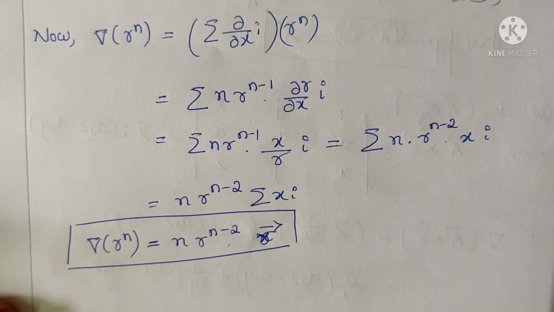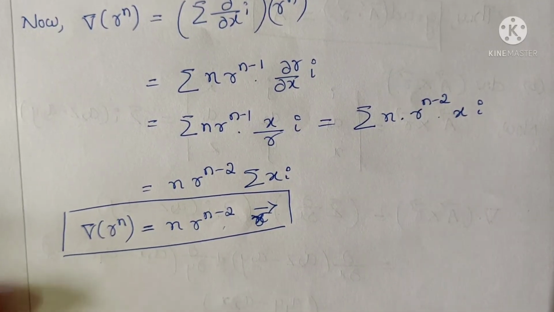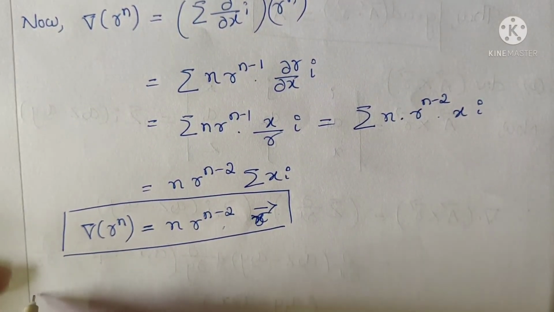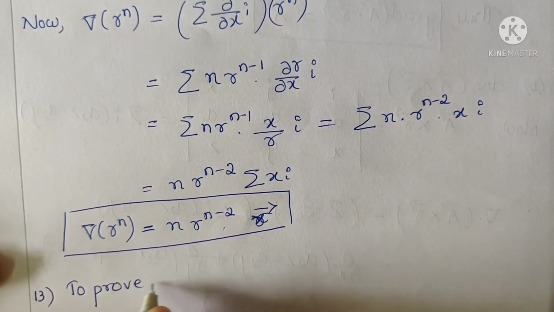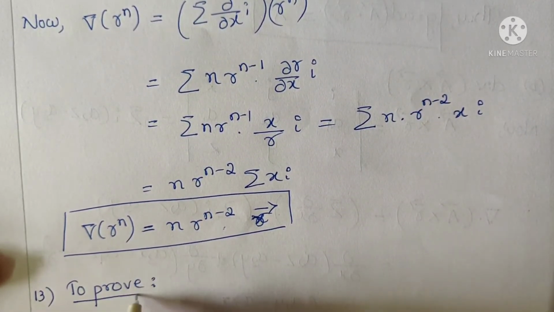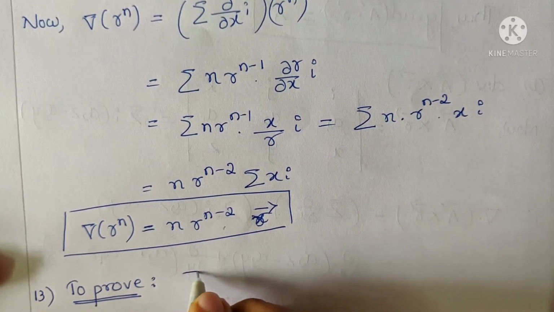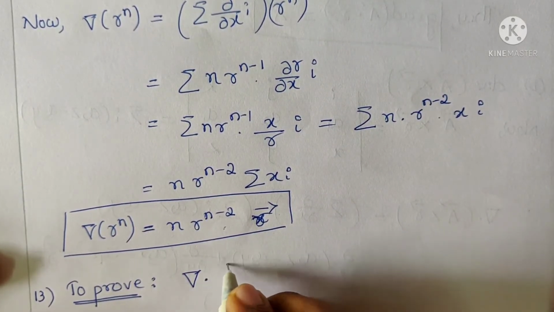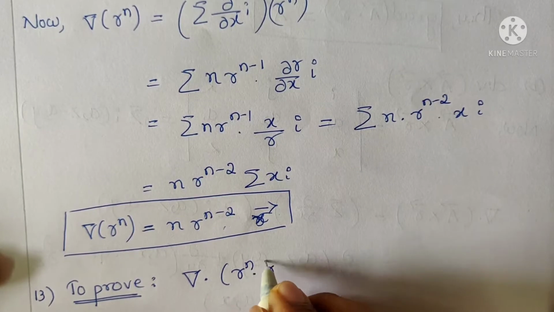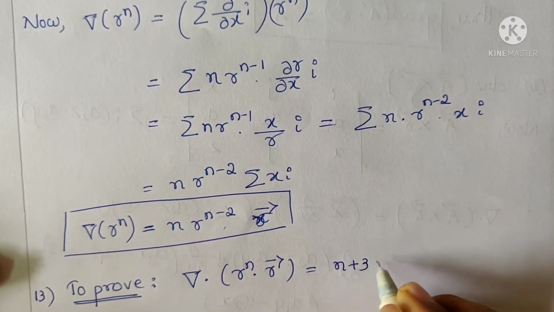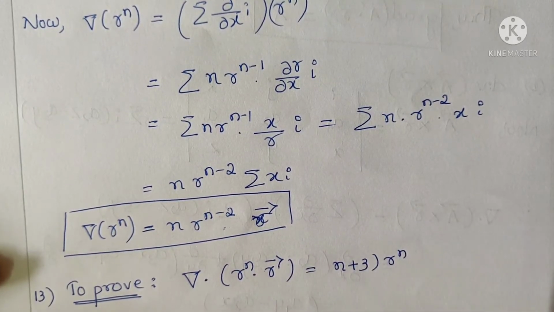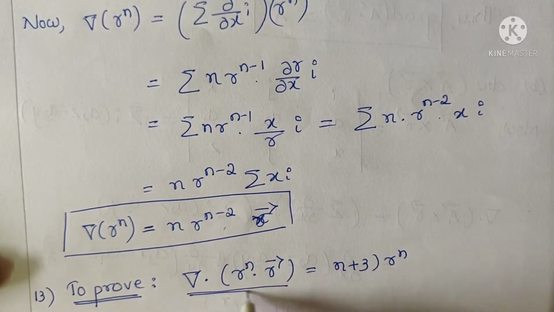Similarly, 13th, that is to prove del dot r^n vector r is equal to (n+3) into r^n. This to prove.